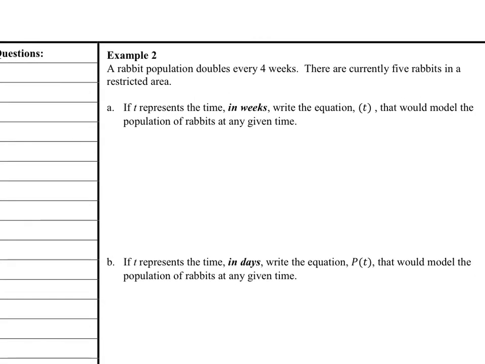So in this example, we've got a rabbit population doubling every 4 weeks. Okay, so we got to think about that. We're going to be dividing by a value of 4. It's doubling, so the R, the rate, is 1.0 again. We're adding on a full amount of that population. And there are currently 5 rabbits, so our principal is 5, or our initial value, in other words. So here it says if t represents the time in weeks, that's a good thing because then that matches, right? Write the equation.